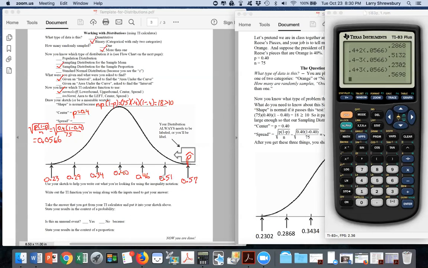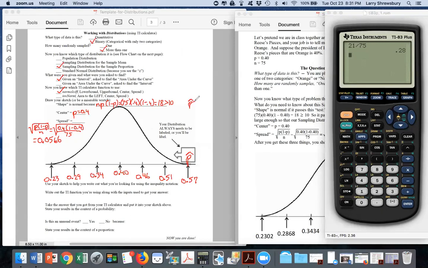Now, what we were looking at here was we want to know how unusual it would be to get 21 out of 75. And when we did that, 21 out of 75 was 28%. So 28% is somewhere between here and here. Let's turn it into a z-score. What do you say? That'll make it easier to locate. So first of all, our p hat, let's make a note of that.